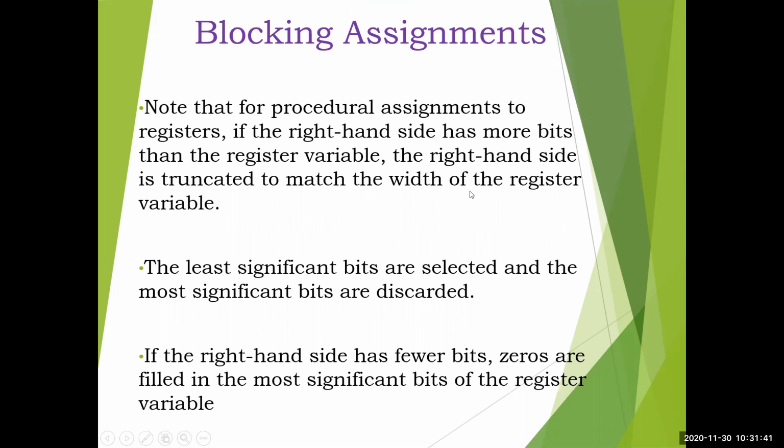Then the least significant bits are selected and the most significant bits are discarded. If the right hand side has fewer bits, zeros are filled in the most significant bits of the register variable, to match the number of bits.